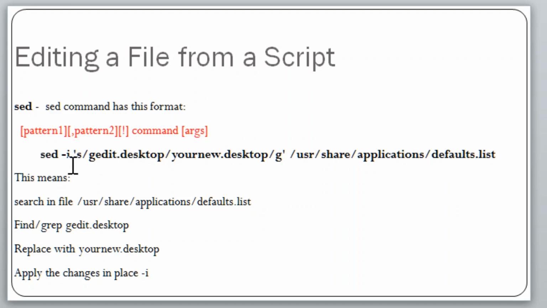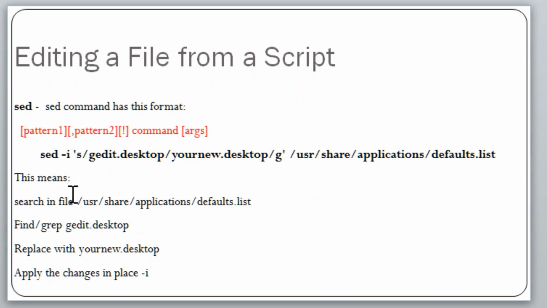We have sed -i, and single quotes, s/gedit.desktop/yournew.desktop/g, and a single quotation mark. Then a space, and /usr/share/application/defaults.list. So what's going on in this command?